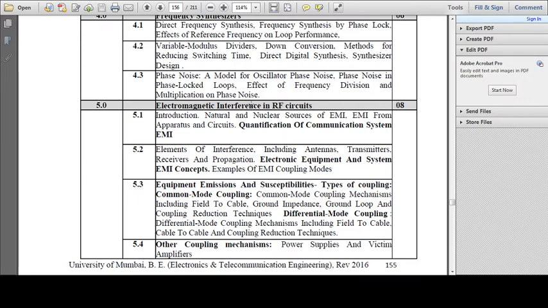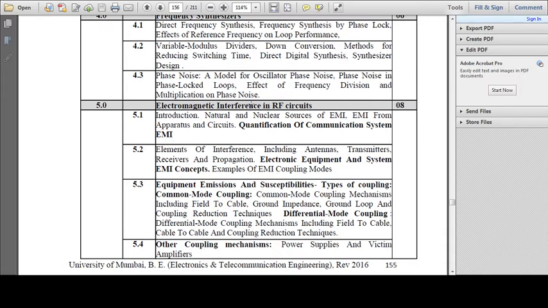Also we introduce equipment emission and susceptibility, types of coupling, common mode coupling mechanism including field to cable, ground impedance, ground loop, coupling reduction techniques, and the differential mode coupling mechanism including field to cable and coupling reduction techniques.